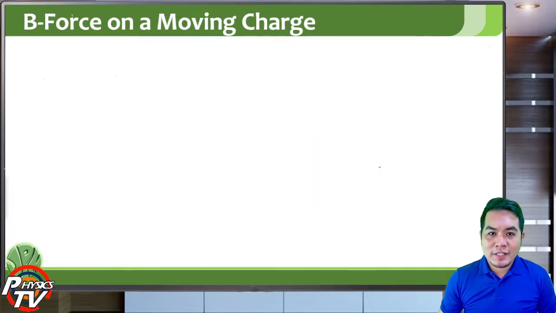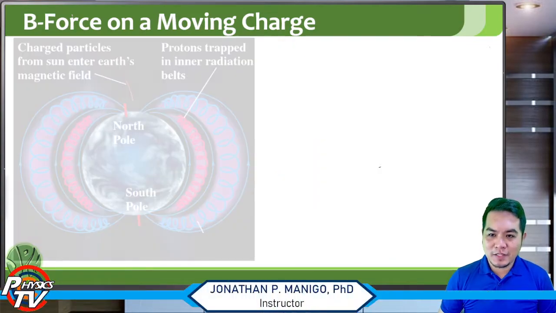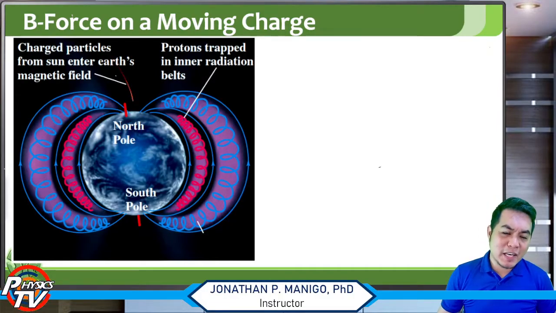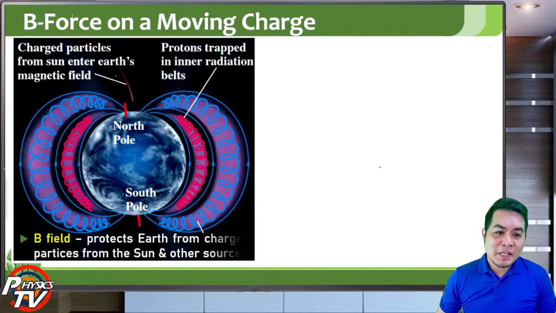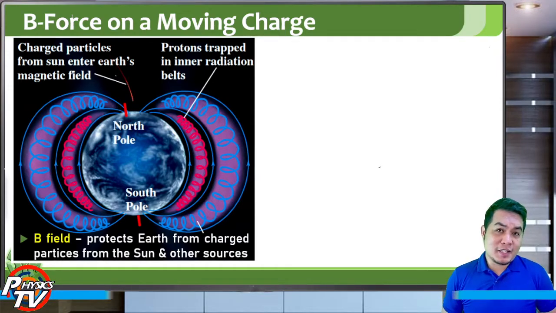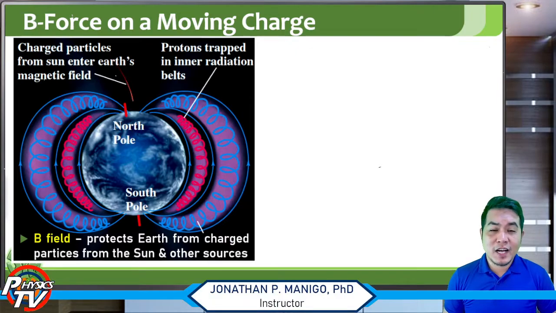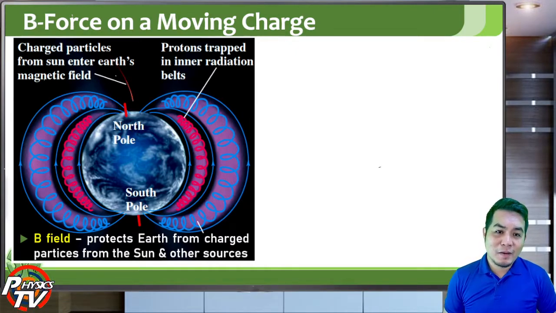Okay, let's have an example of this. A practical example is the magnetic field of the Earth. The magnetic field of the Earth protects us from charged particles from the sun and other sources outside our planet.